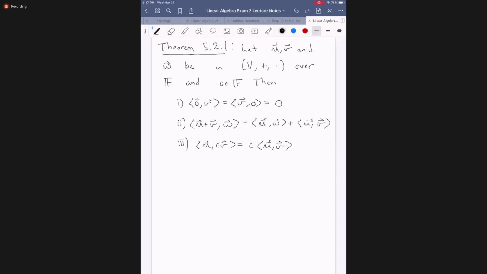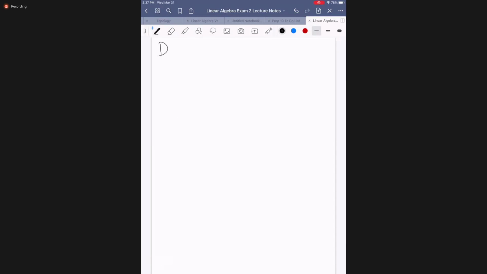So, definition. Let U and V be vectors in a vector space V over a field F. Then we have these definitions.